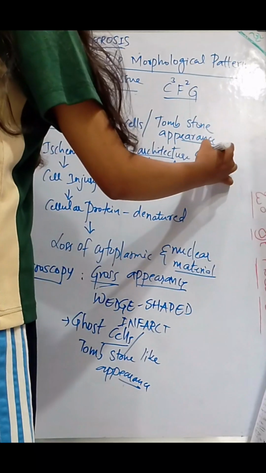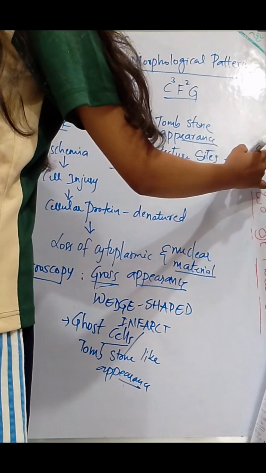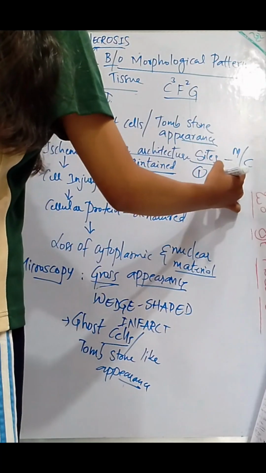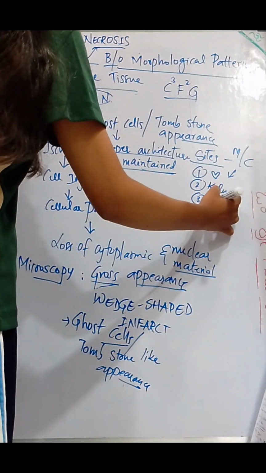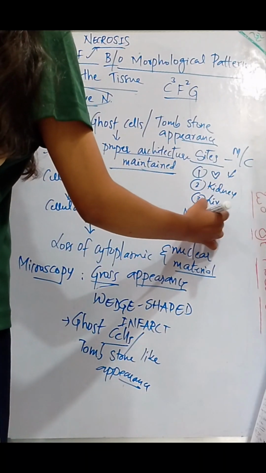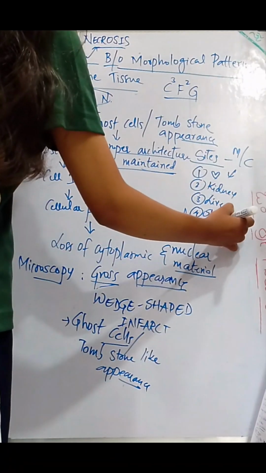The site of this type of necrosis is most commonly the heart, second is kidney, third is liver, and it can also be seen in the skeletal muscle.